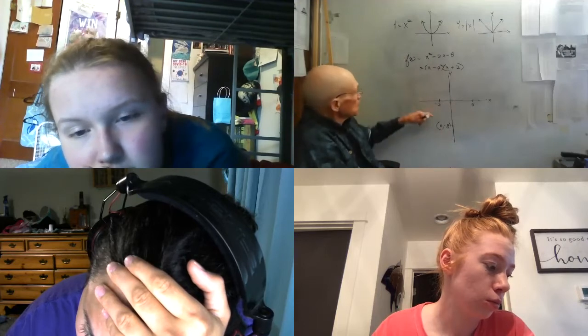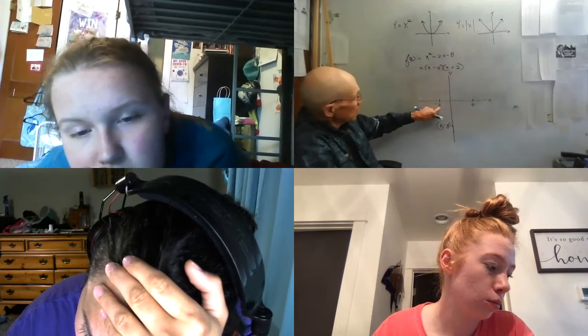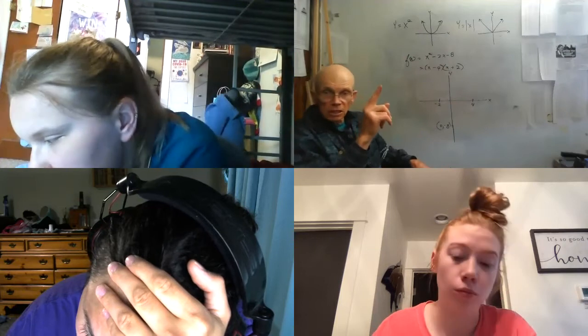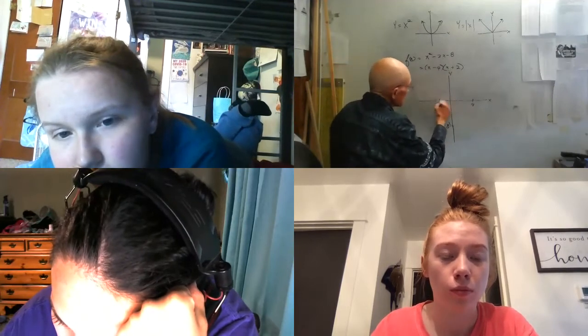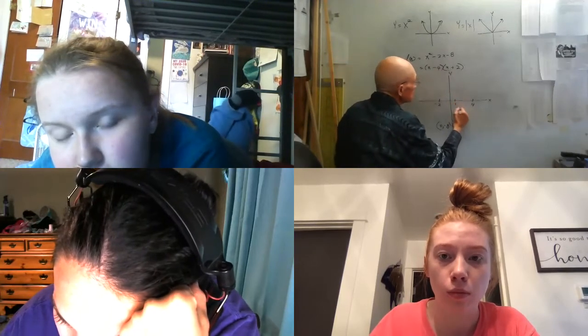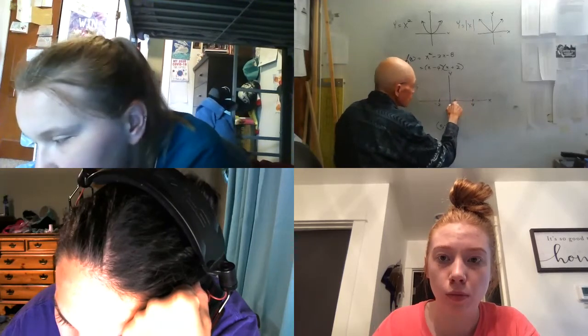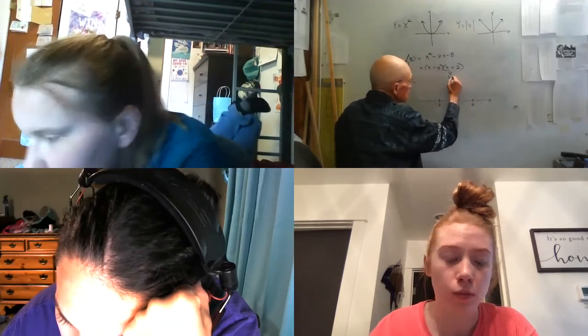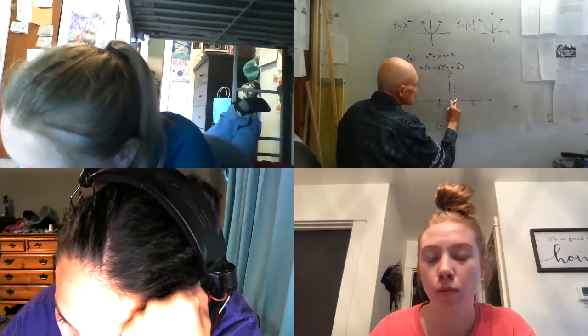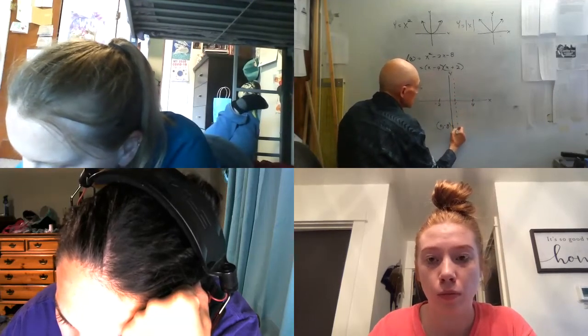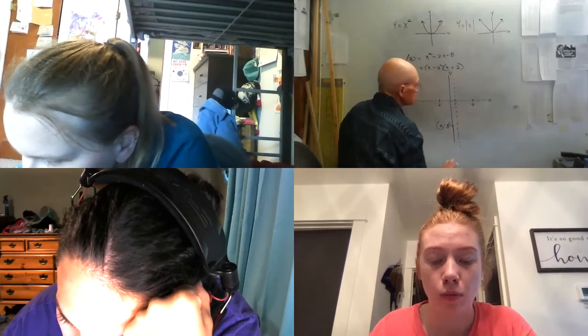That's where the vertex is going to be. It's always going to be halfway between. So the distance from -2 to 4 is 6, isn't it? Distance is 6. Half of 6 is 3. So we'll add 3 to -2 and I get 1. Subtract 3 from 4 and we get 1. So the axis of symmetry is 1, is on this line.